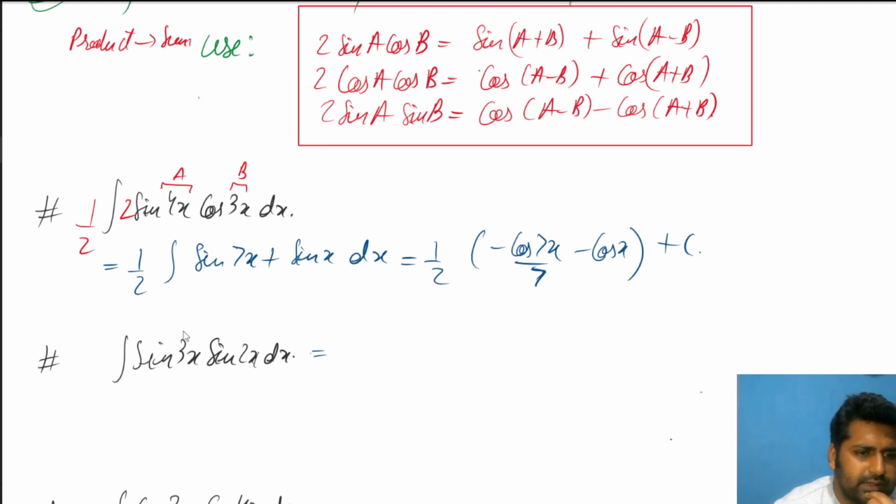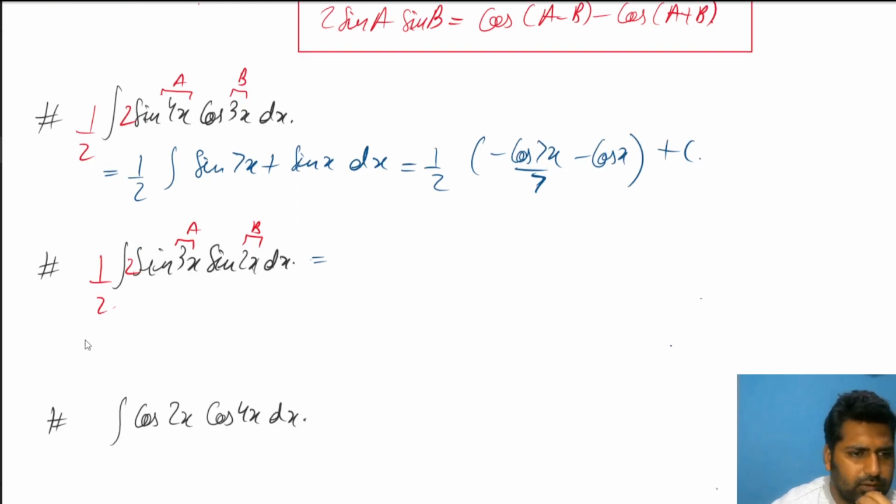Same thing you can do with this also. A, b, sine a, sine b, but we need 2. So multiply by 2 divided by 2. Now this integration will look like 1 by 2 integration. What is 2 sine a sine b? It's on the screen. Cos a minus b minus cos a plus b.